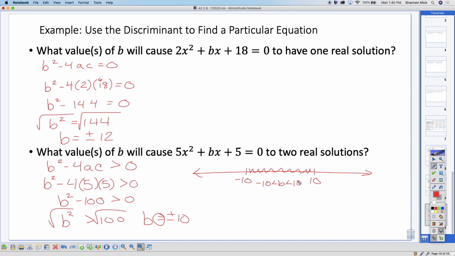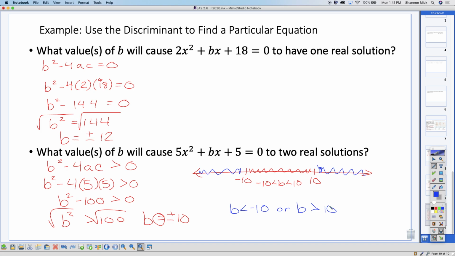Or it could be out here, and that would be b is less than negative 10 or b is greater than 10. So it's going to be one of those two solutions, correct? And I wrote that so small because I set it in between there.